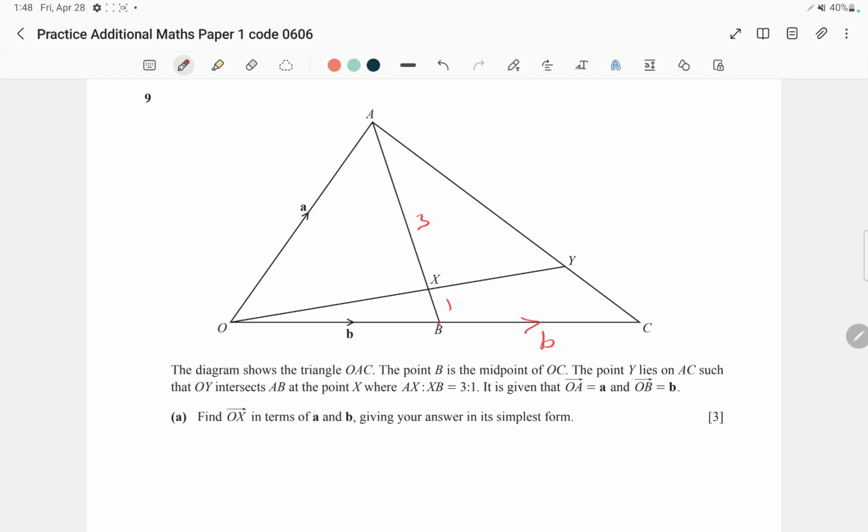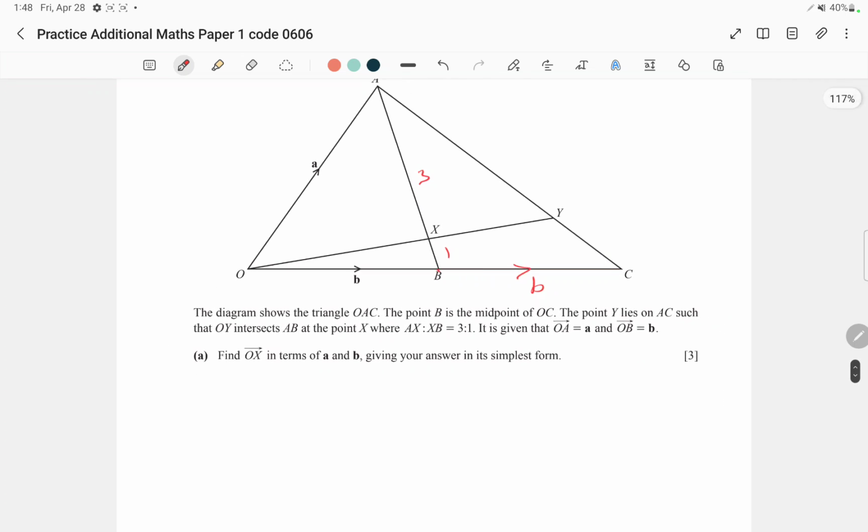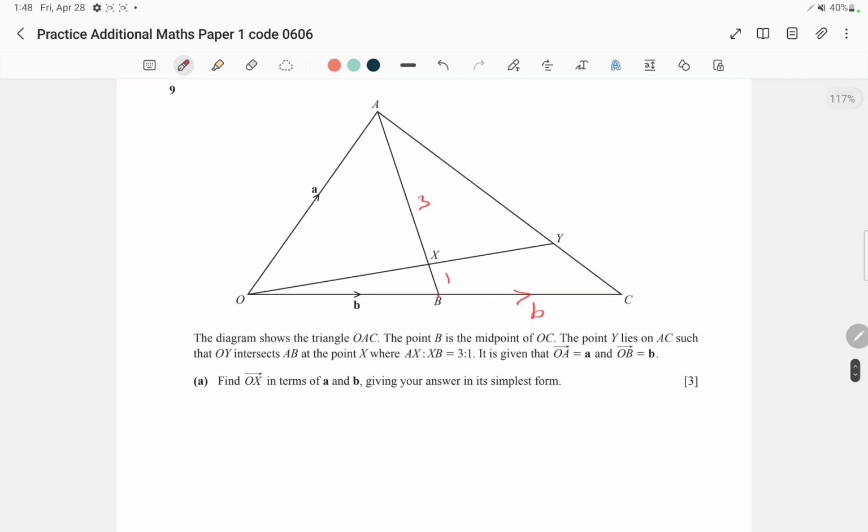So we can find OX easily, but first of all we need to find AX or XB. So yeah, first we need to find AB, A to B. So we can follow this path and then this path, which is minus A plus B. Okay, great.